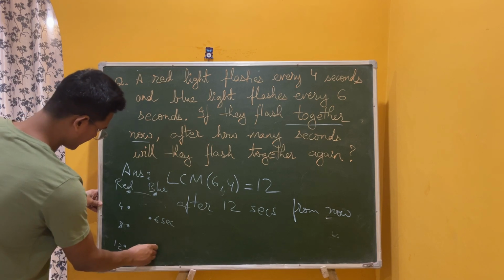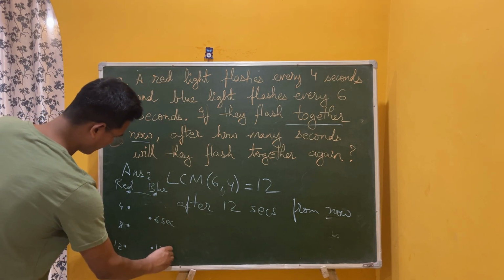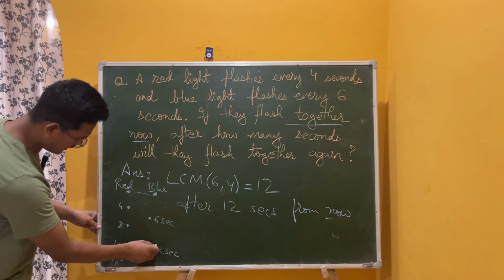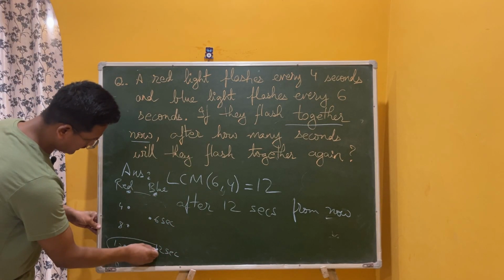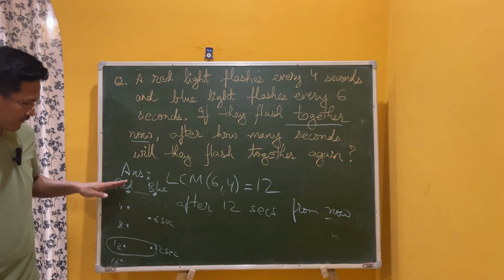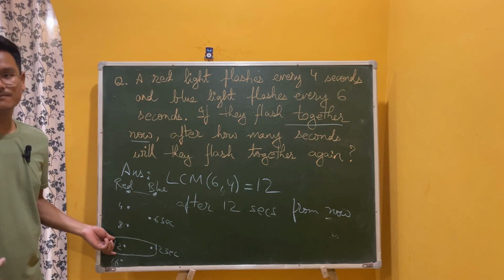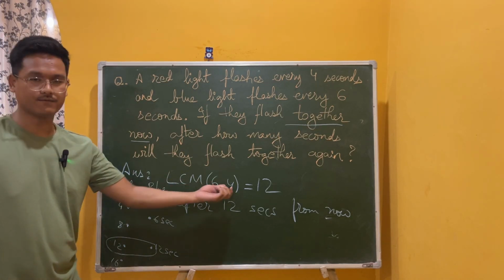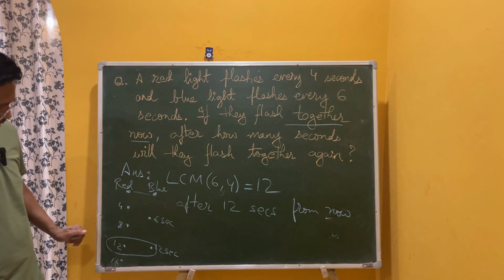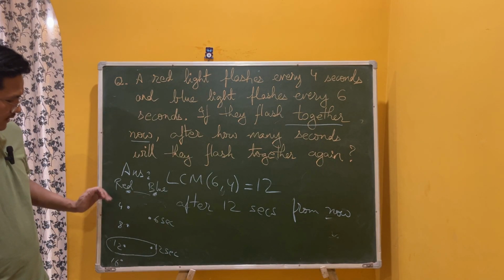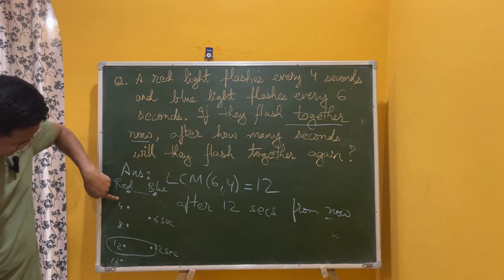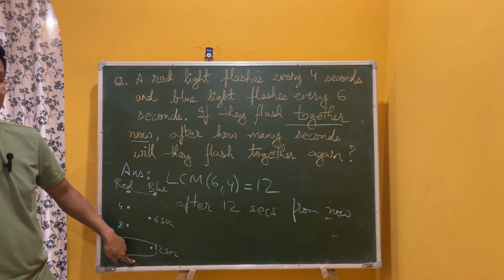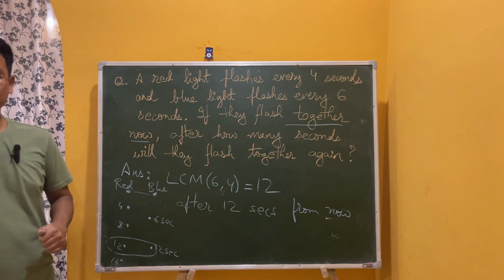Next it's going to flash after 12 seconds. Next it will flash after 18 seconds. So here you see that both of them are flashing after 12 seconds from now. So this is the first meeting point. Hence the answer is given by the LCM of 6 and 4. I hope you understood. Consider this is your multiples of 4 and this is multiples of 6. That's how we got the answer.